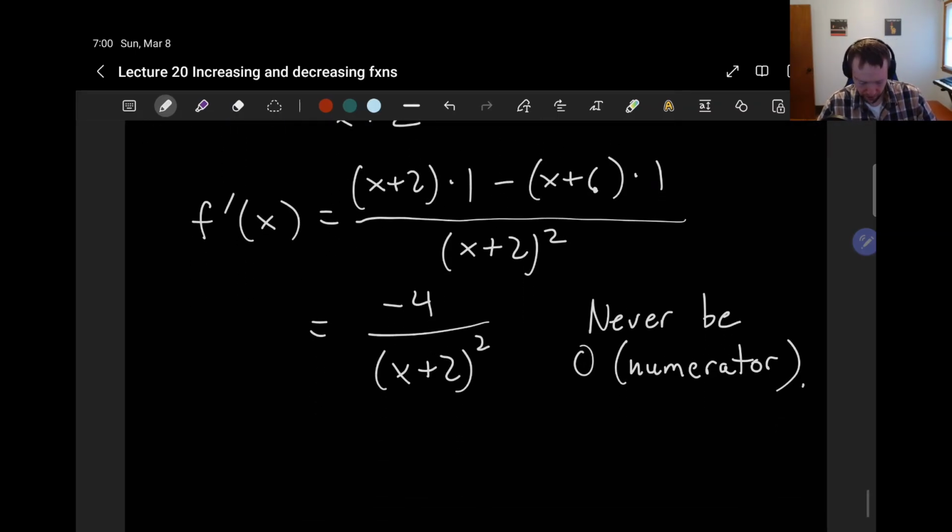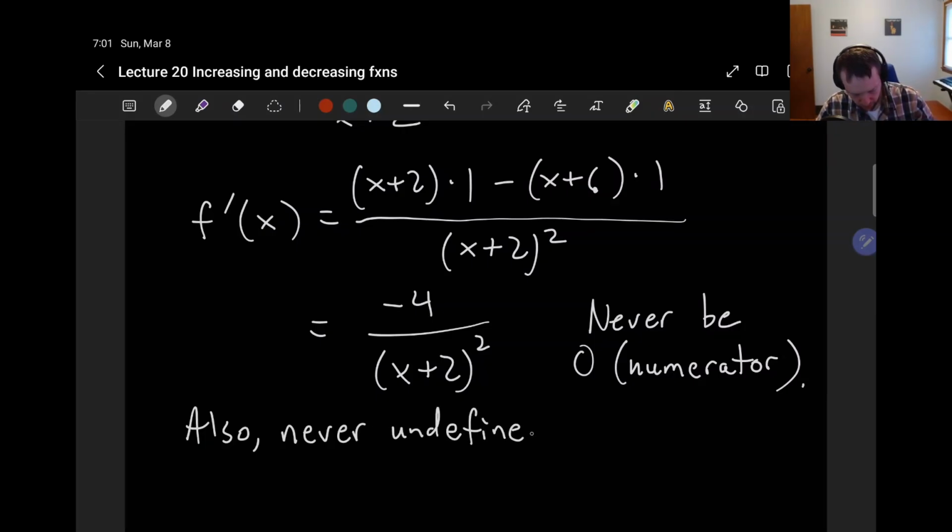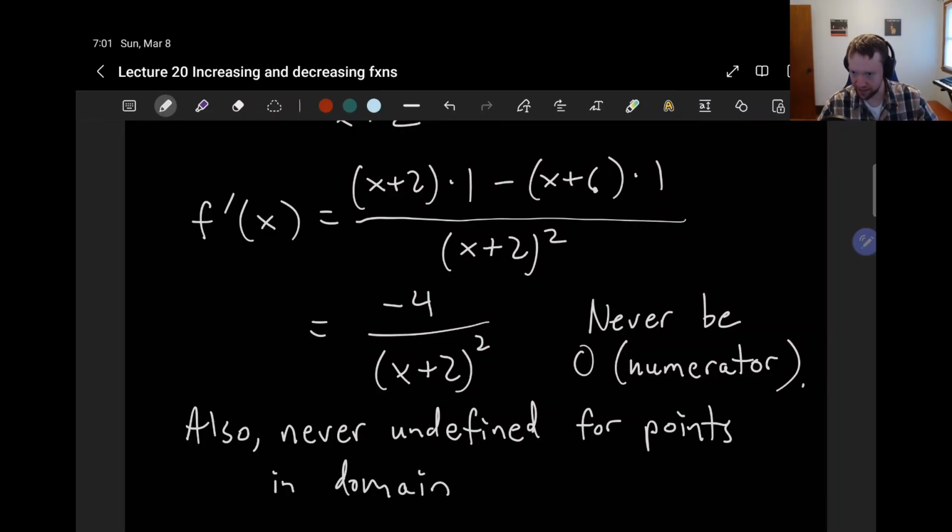So that gets a little tricky. So let's say also: never undefined for points in domain. Of course, it's undefined at -2, but that's not in the domain.